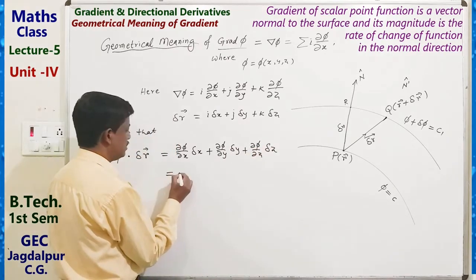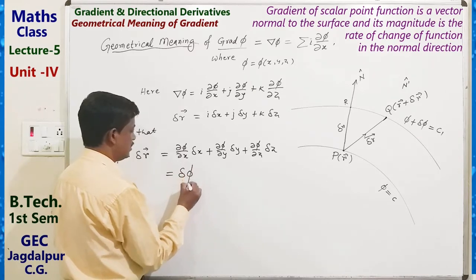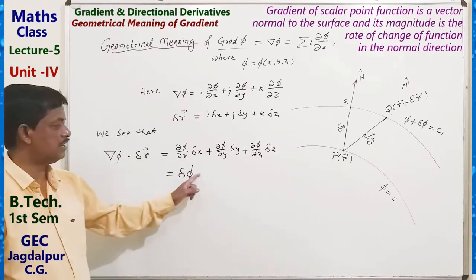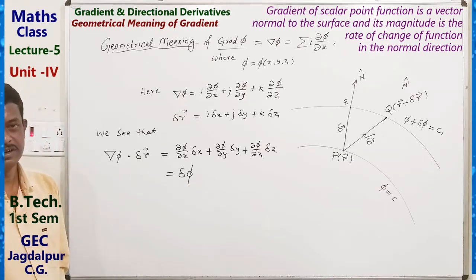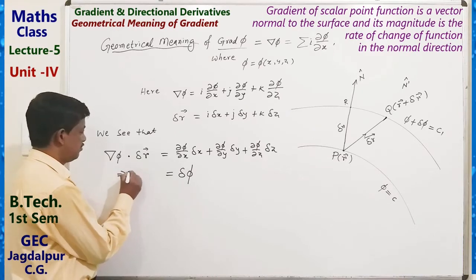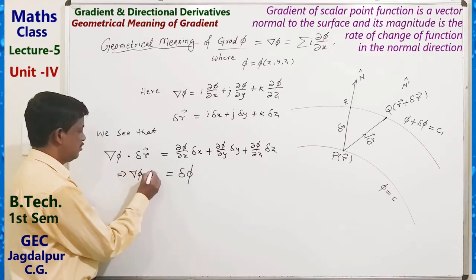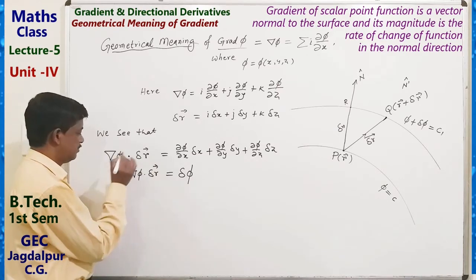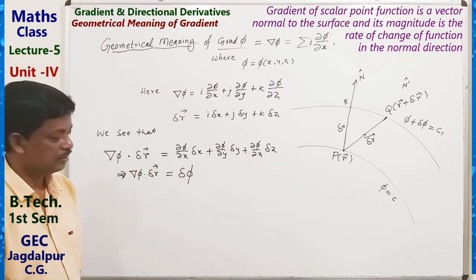It can be written as delta phi. In the limiting case, this is d phi, the total differential. So del phi dot delta r is equal to this. Okay?